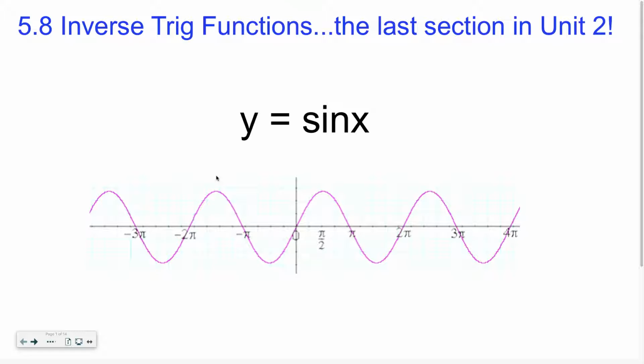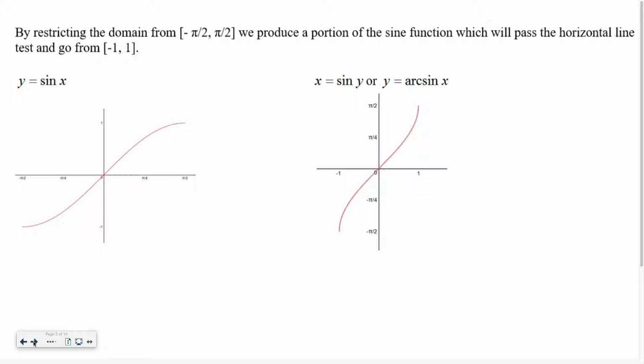Well, we've already talked about inverse trig in pre-calculus. So how is that possible if it doesn't pass the horizontal line test? Well, if you remember back to pre-calculus, what happens is they cut out a portion of y equals the sine of x to where, yes, it does pass the horizontal line test, and then they reflect it about y equals x.